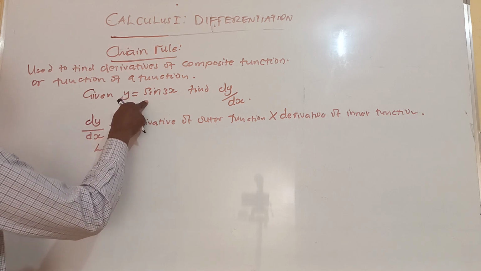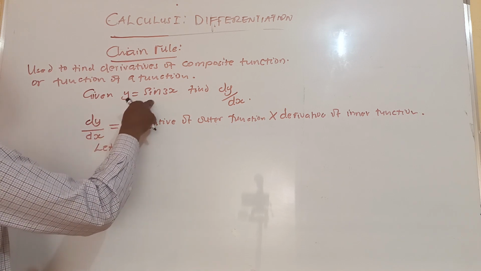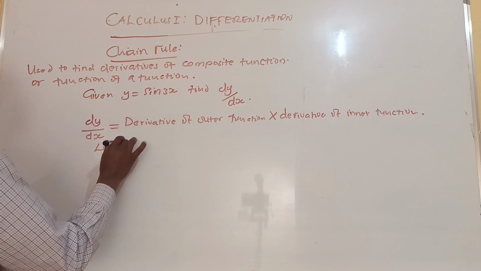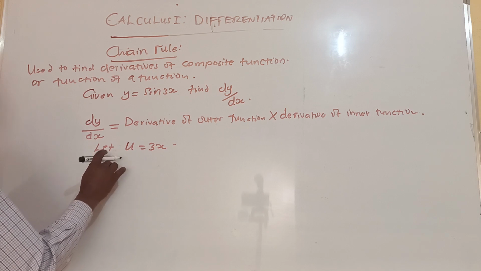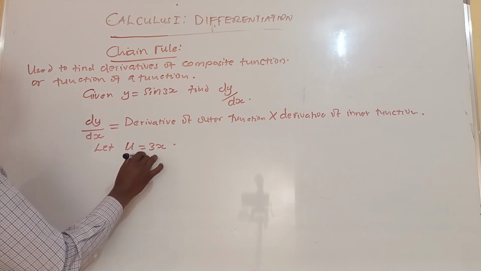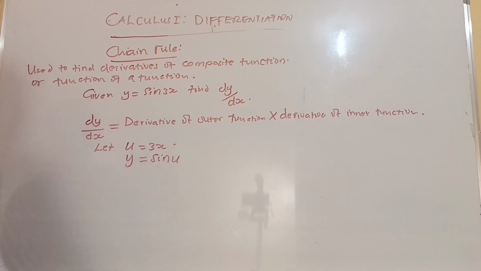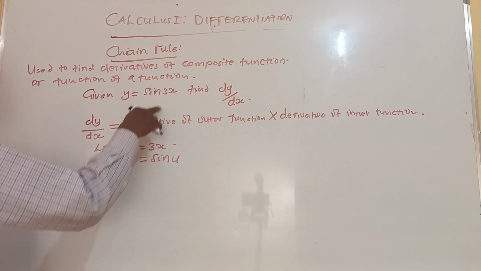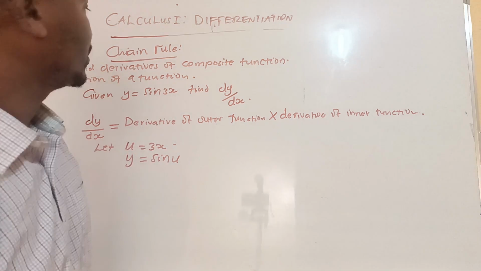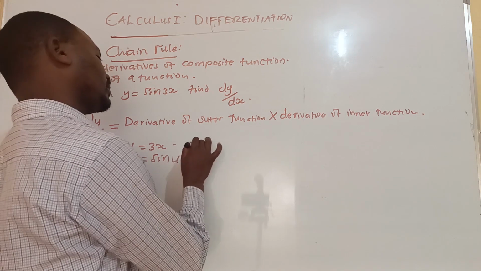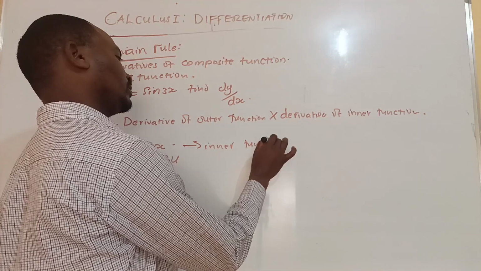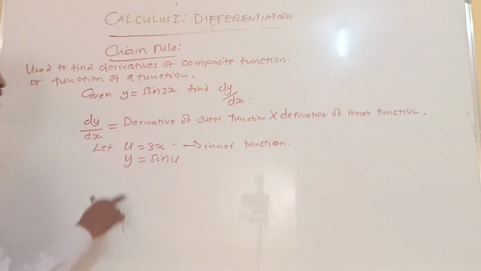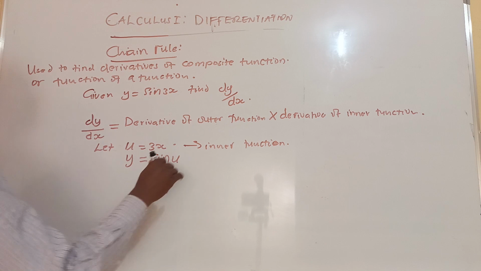In this case, since y is equal to sine 3x, let u equal 3x. Then in that case, y is equal to sine u. So u is our inner function, which is 3x, as we have elaborated earlier. This is the inner function. y equal to sine u is the outer function.